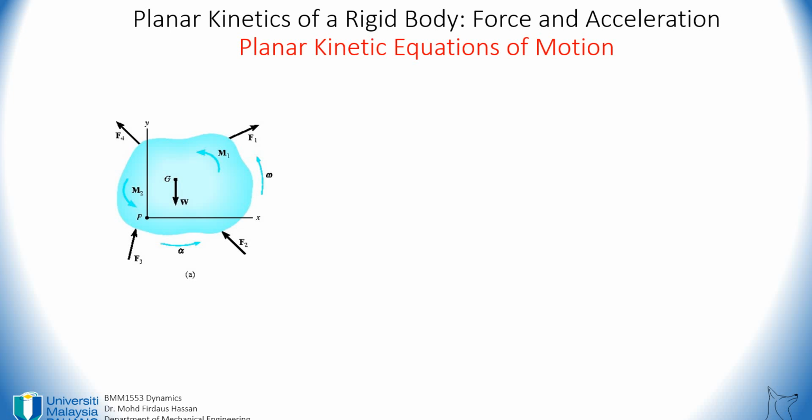Let's say you have a similar body here. You have external forces: force 1, force 2, force 3, force 4. You have external moments M1 and M2, and then you have the weight, for example.